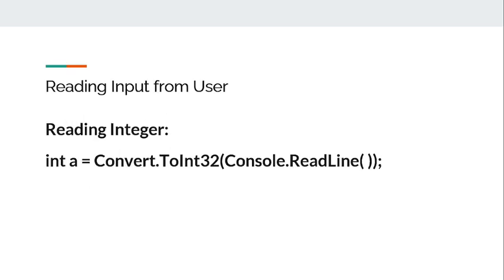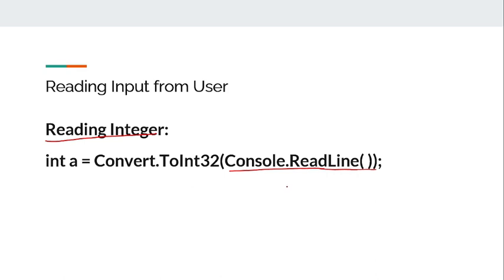So how do we do input reading from the user? Suppose we've taken an example of reading an integer. Console.ReadLine is the function which is capable of reading anything in the string format.